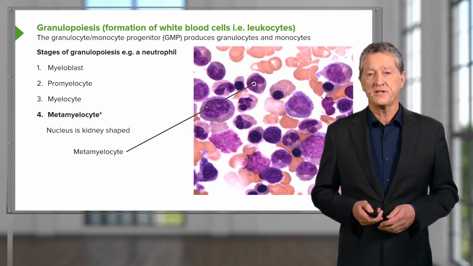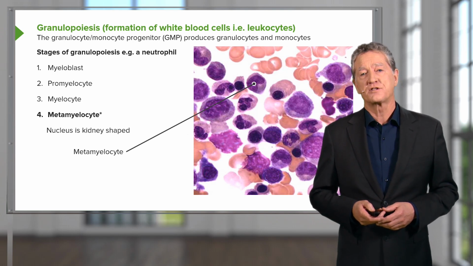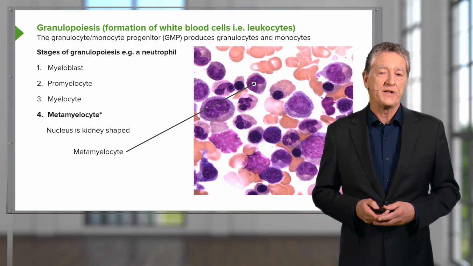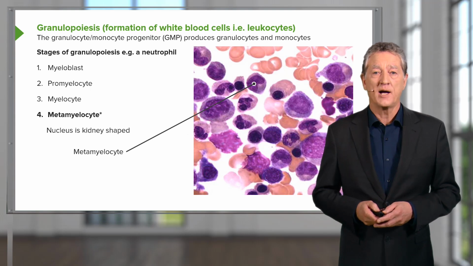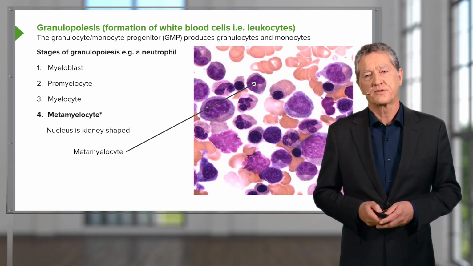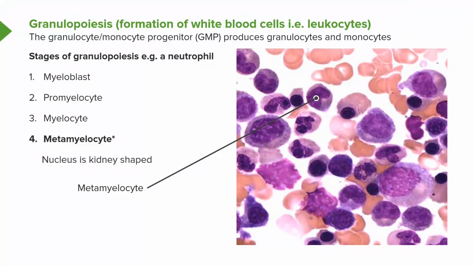And sometimes you can see that kidney-shaped nucleus when you look at these cells when they're orientated in a way in which they appear when viewed with the light microscope. Sometimes if that cell was rotated around because you're looking at a smear of bone marrow, you wouldn't see the kidney-shaped nucleus, so it would be difficult in this instance to then identify that cell. But that is one of the characteristic features of the metamyelocyte, and let me stress again that this is the stage that the cell can no longer further divide.